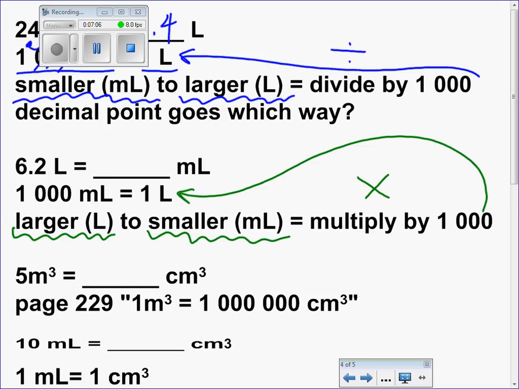And which way do I move the decimal point when I multiply? I move it toward Matthew. So how many milliliters? I'm going to move 1, 2, 3 spaces. I need to fill in a 0. And how many milliliters do I have? 6,200.